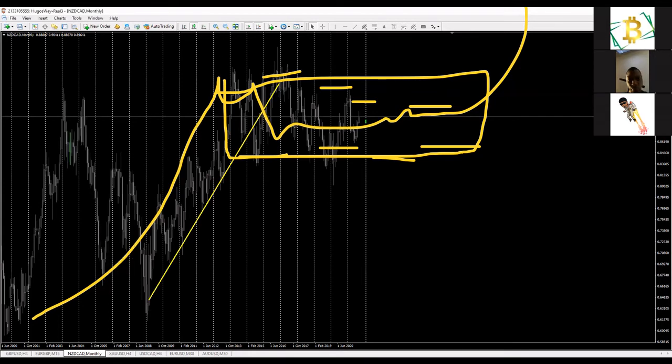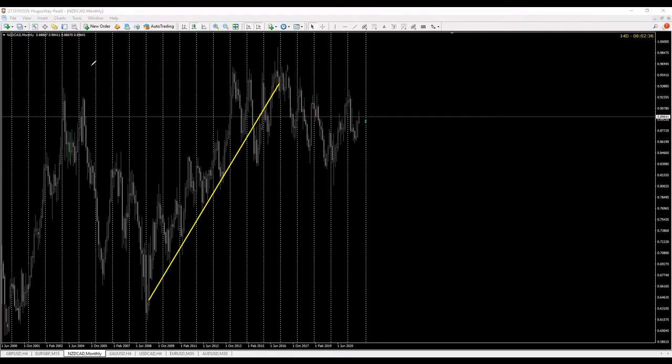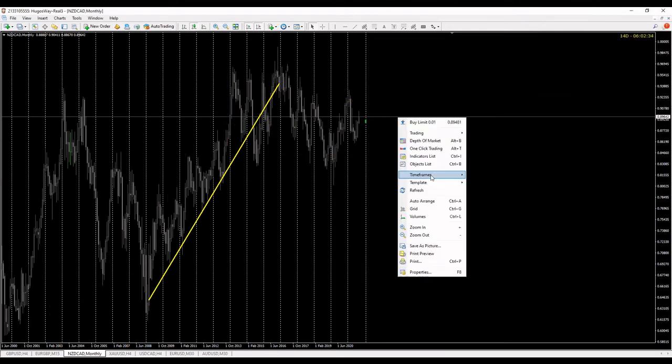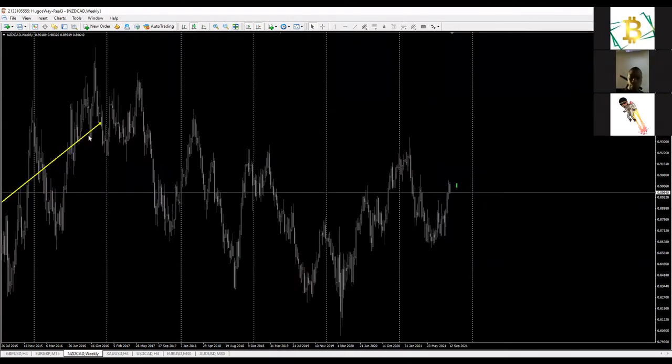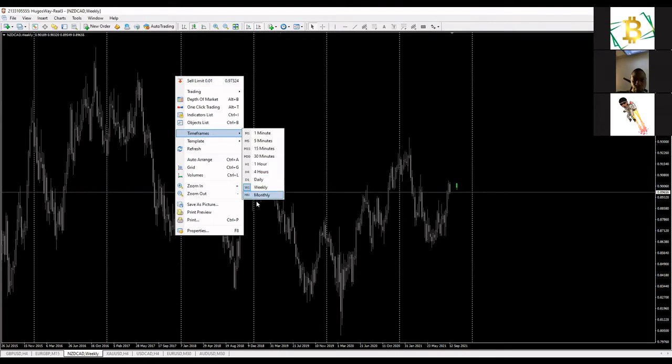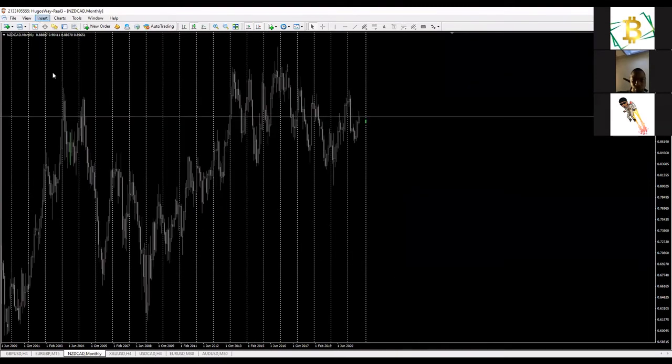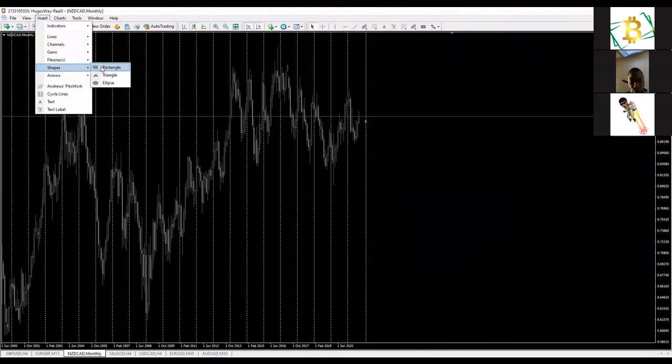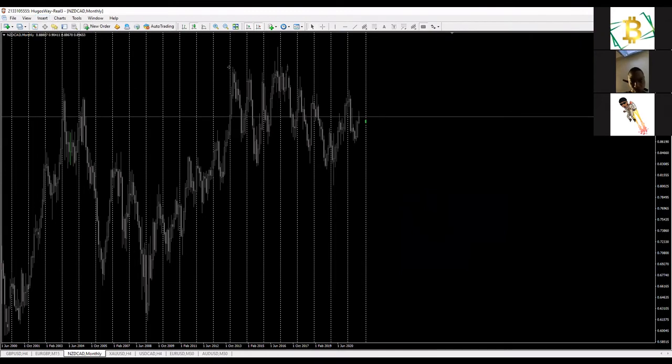Once I've identified where we're going on the monthly, I then just bump down one level to the next level, which is the weekly. What I would do first on that monthly is box out that range, which is going to be the peak high to the peak low.